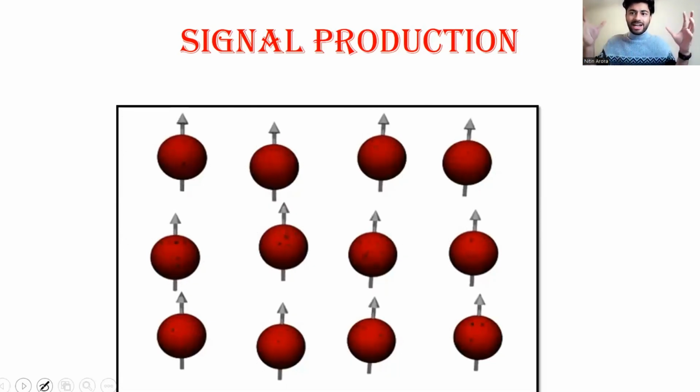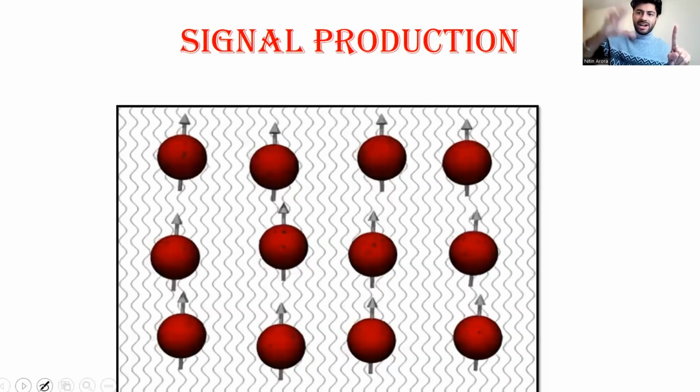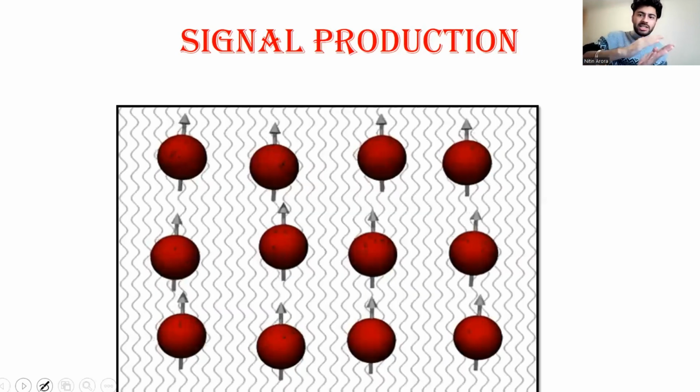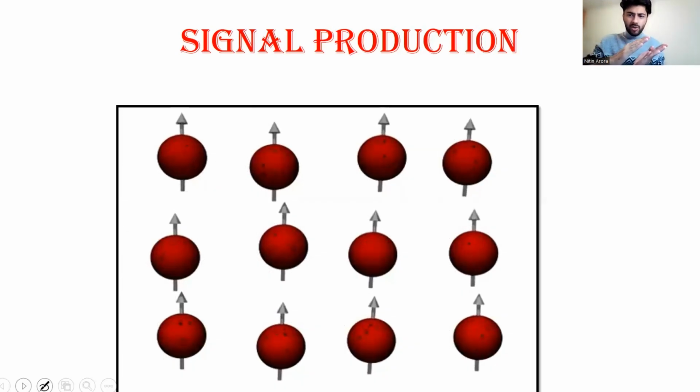Why? Because the magnetic field is still there. So there are two things: magnetic field and radio frequency signal. The radio frequency signal comes after the magnetic field. The magnetic field led to vertical orientation of all the protons. Then the radio frequency signal led to a change in the direction, realignment of the protons, and dephasing of the protons. As soon as the radio frequency signal is taken off, the protons come back to their normal position.